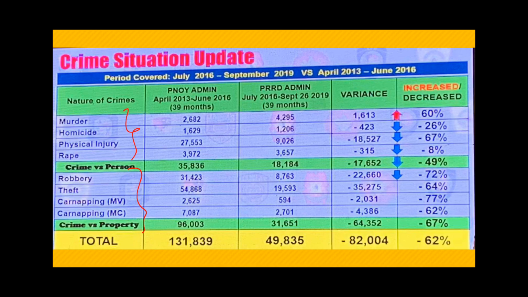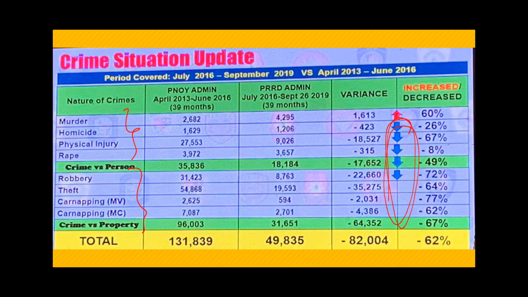And then we see here that in the last 3 or 4 years, we had a decrease in most of the crimes, and probably it's because of the current regime's commitment to be tough on crime as well.